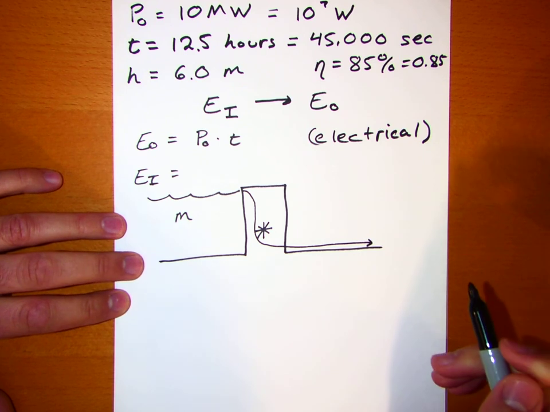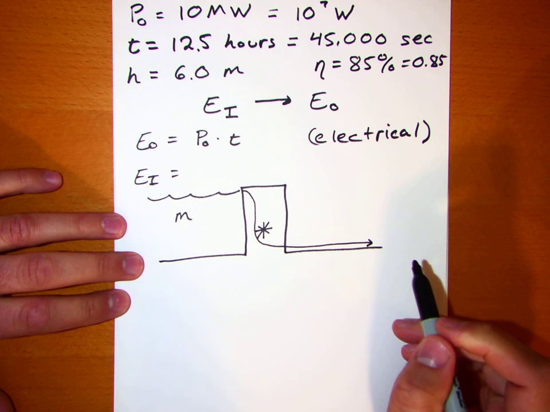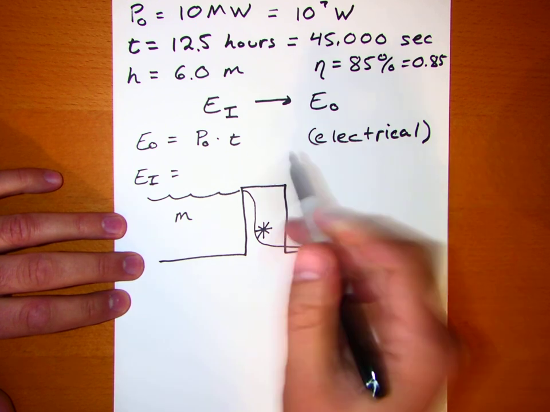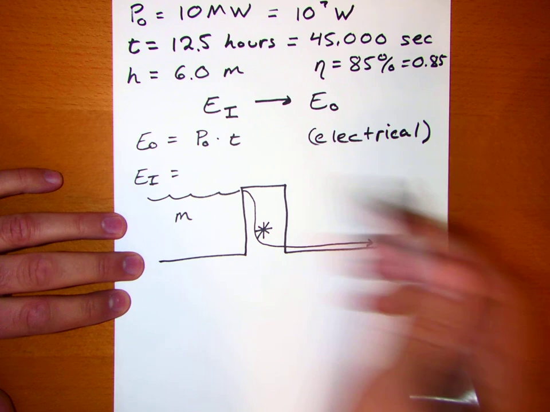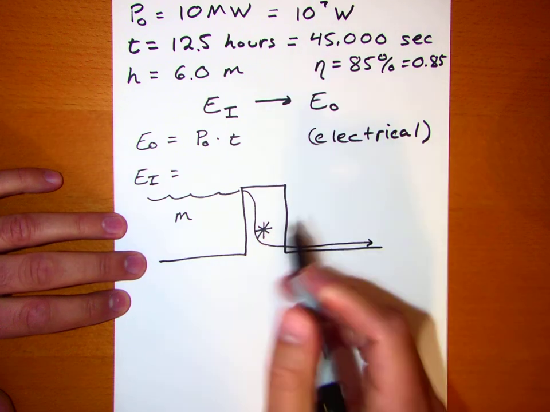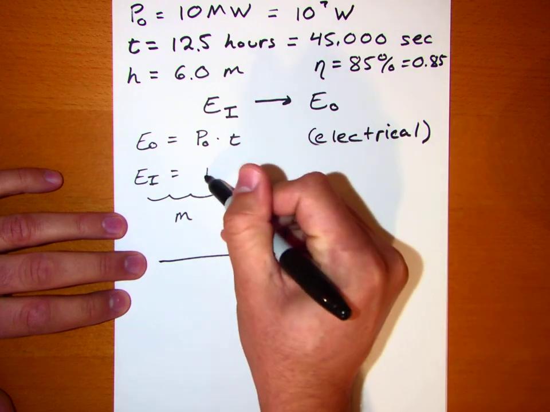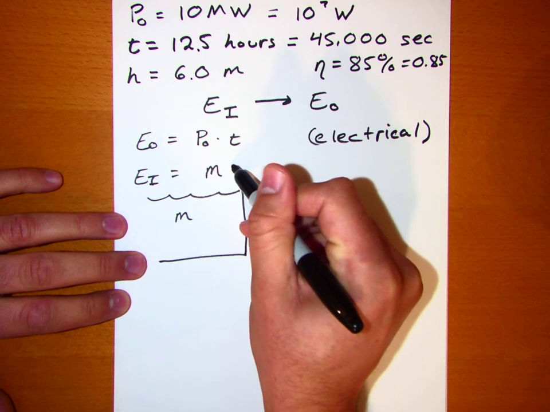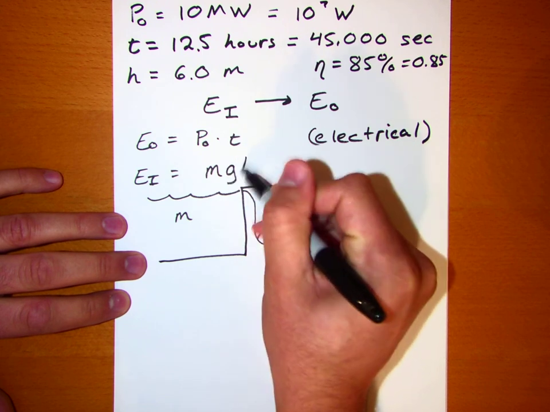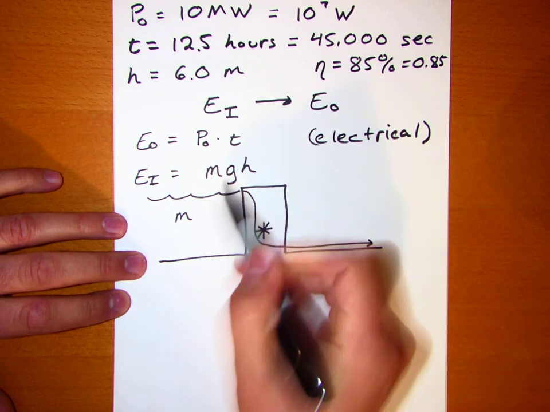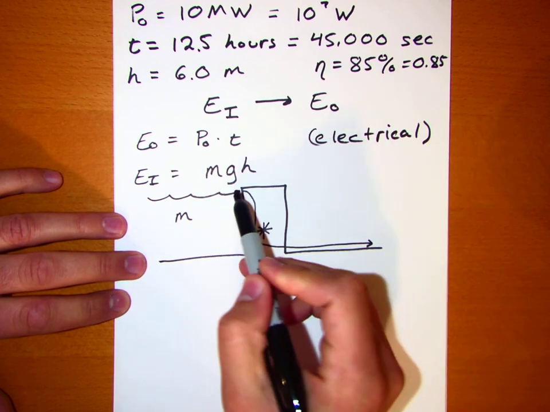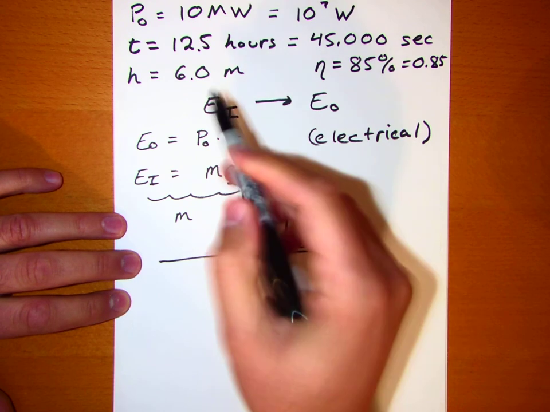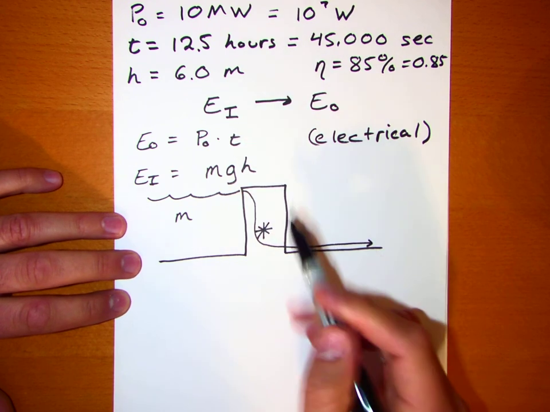So really the input energy into the system is just the transfer of the potential energy of the water down through the turbine. Potential energy is an energy of position, and when we're dropping water or anything from a certain height, the potential energy that we're releasing is equal to m times g times h, where m is the mass of the water, g is the acceleration of gravity, which is 9.8 meters per second squared, and h is the height from which it's dropped.